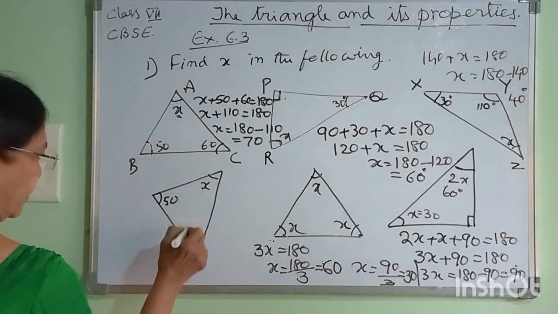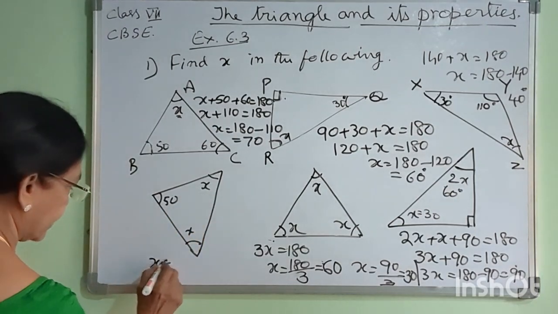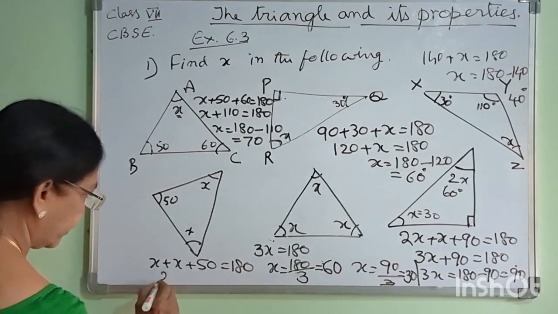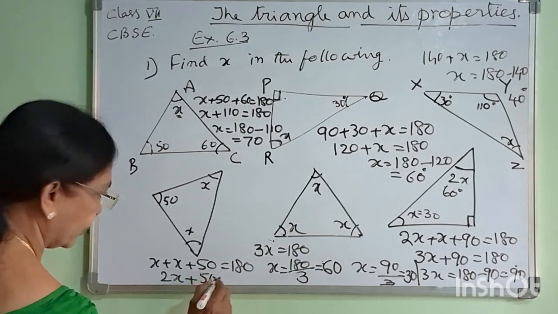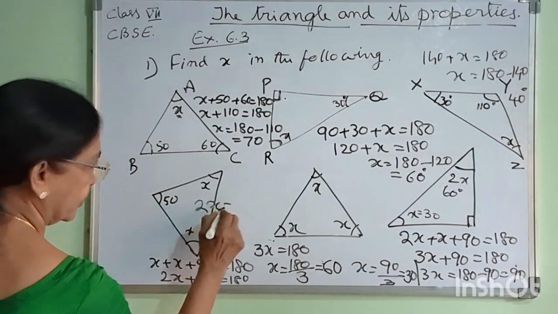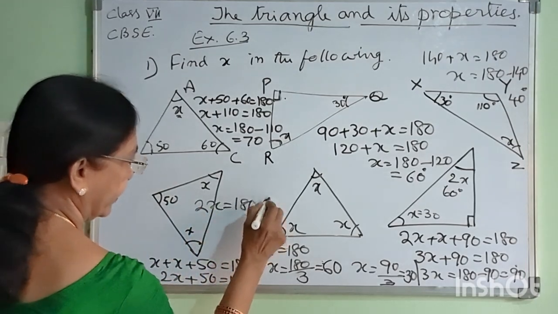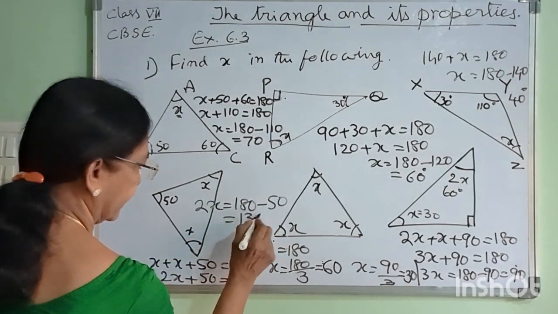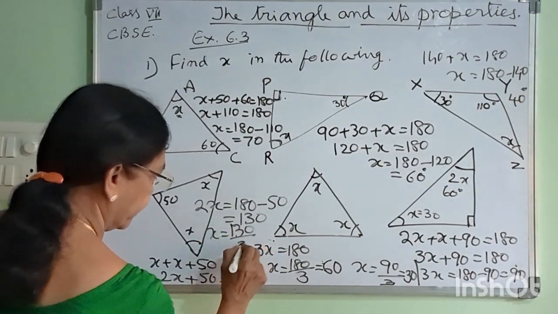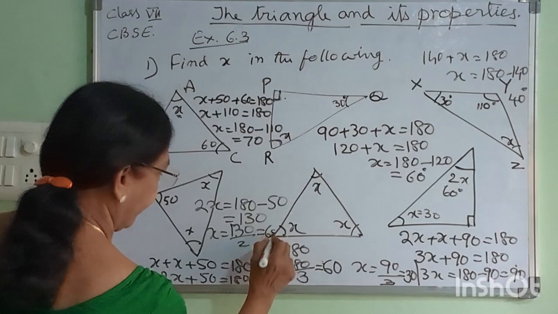Here x plus x plus 50 is equal to 180. 2x plus 50 is equal to 180, or 2x is equal to 180 minus 50, that is equal to 130, or x is equal to 130 by 2, which is 65.